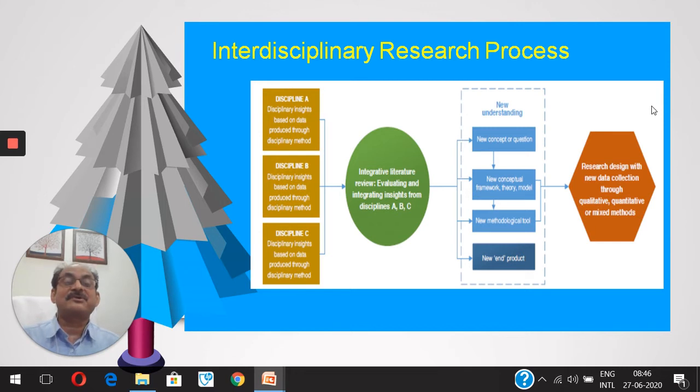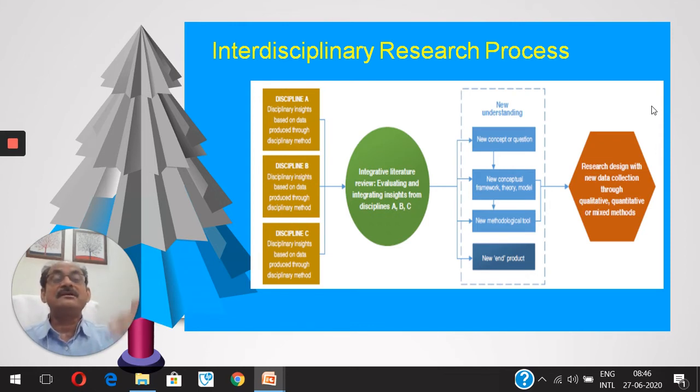Then we get this product and connect it to the research design. This is the process. Then again you jump to the original discipline, the research design with new data collection through qualitative, quantitative, or mixed methods. So what is the research design? Our research design will be totally mixed. It is not a disciplinary design, it is an interdisciplinary research design.